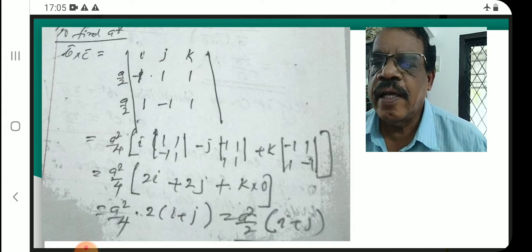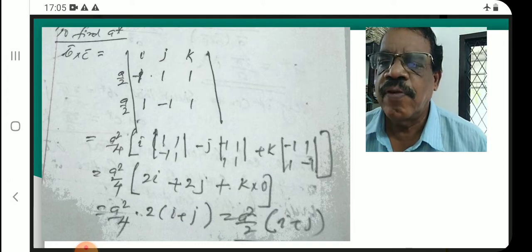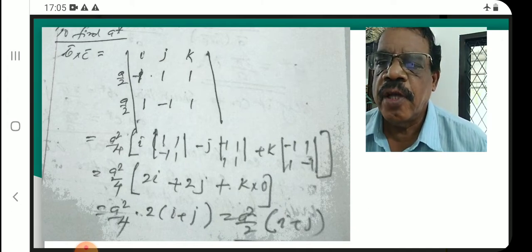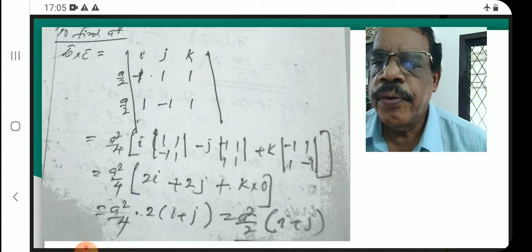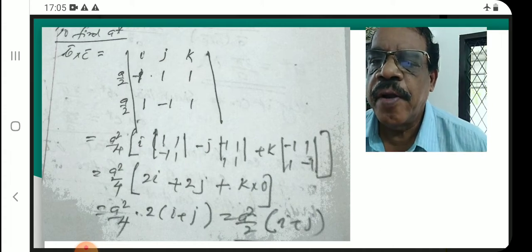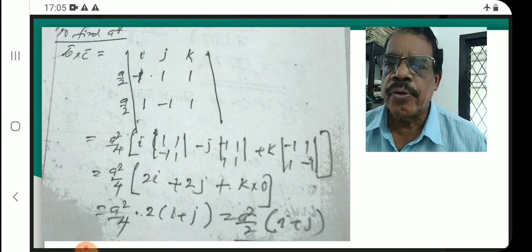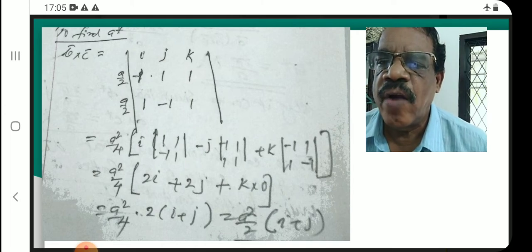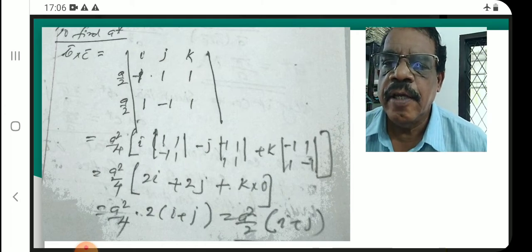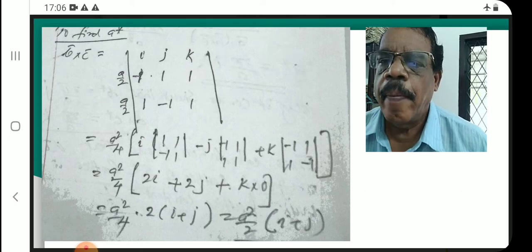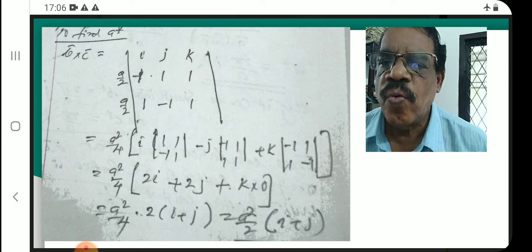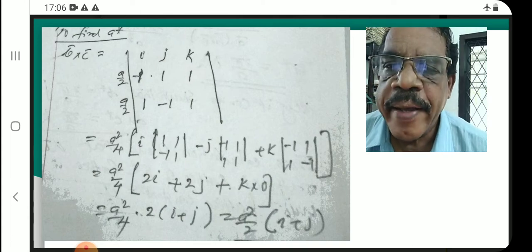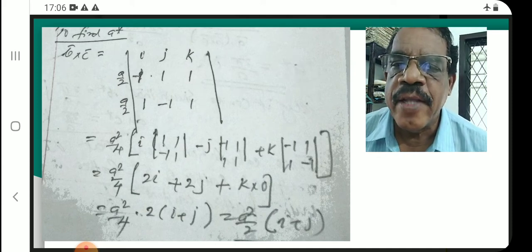And that we expand: a square by 4 into the determinant, i into the sub-determinant 1 1 minus 1 1, then minus j into minus 1 1 1 1, then k into minus 1 1 1 minus 1.